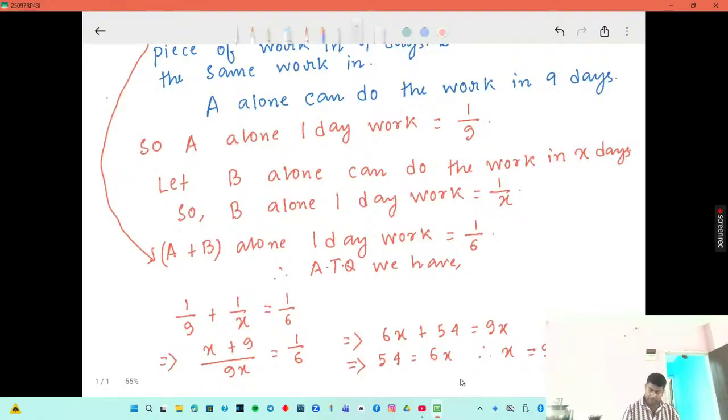Sorry, I have solved the equation incorrectly. 54 is equal to 3x. Therefore, x is equal to 18 days. Therefore, B alone takes 18 days in order to finish a particular amount of work.